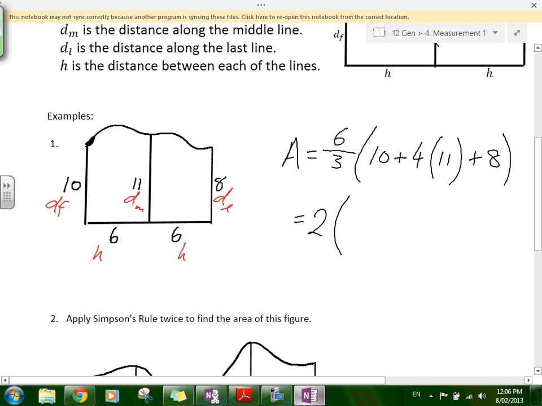So 2 times 10 plus 44 plus 8, which is 2 times 62, so 124, whatever the units are, square meters.